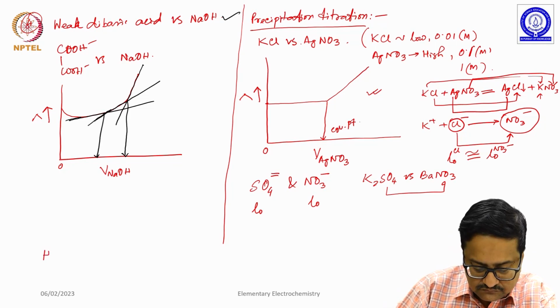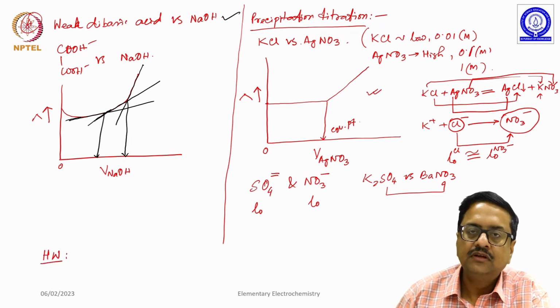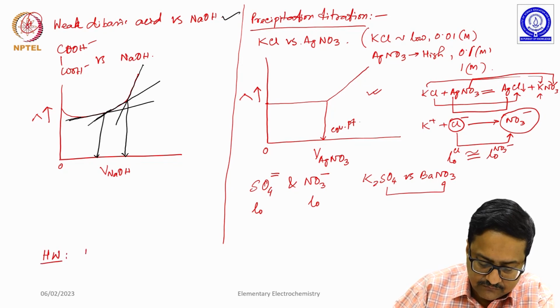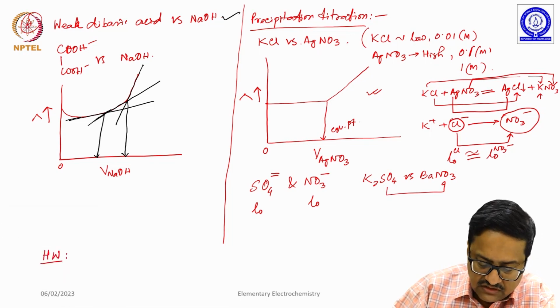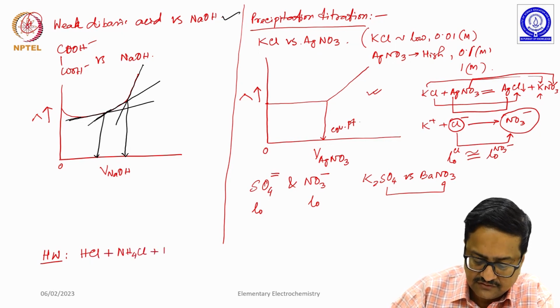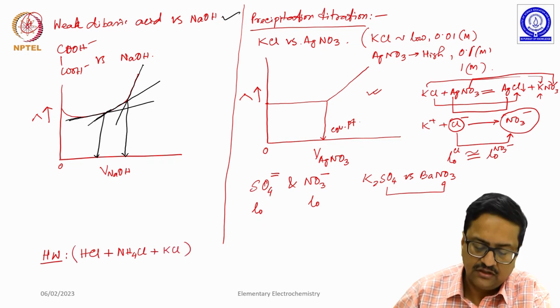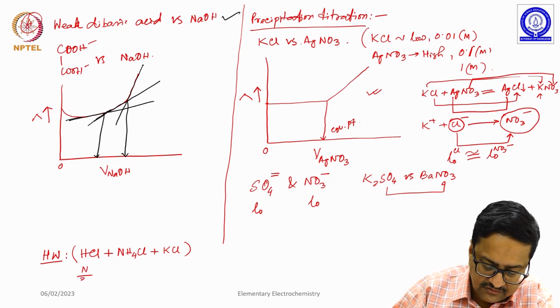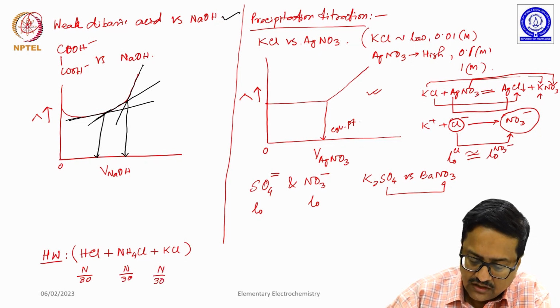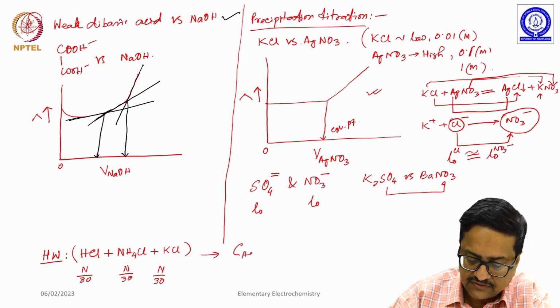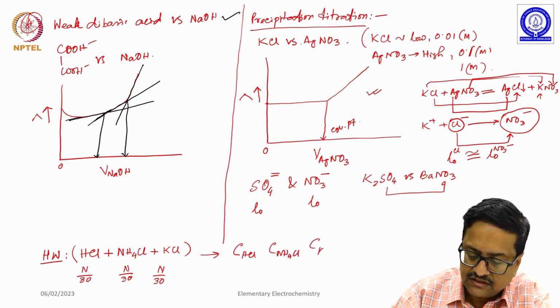So I am giving you another homework. If I give you a mixture of HCl plus NH4Cl plus KCl, each of the order of N by 30, I want to know the individual concentrations of HCl, NH4Cl and KCl.